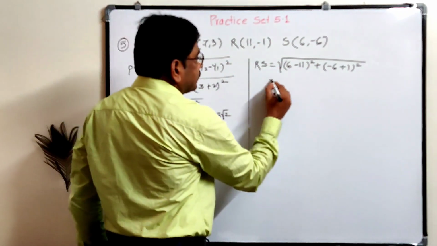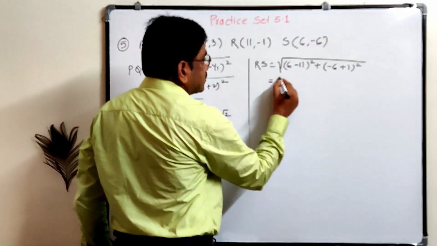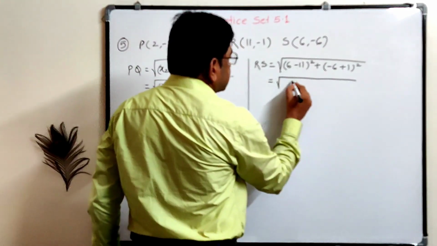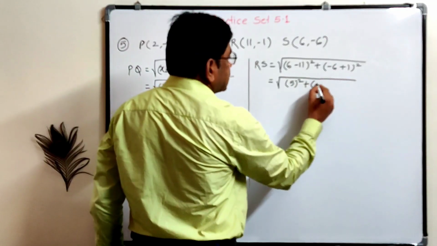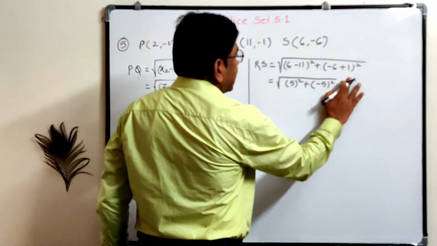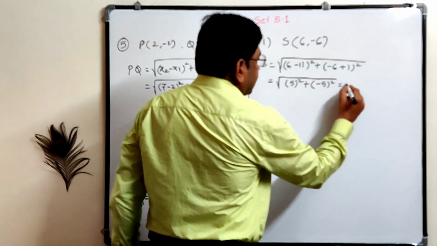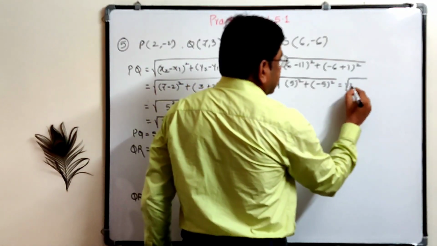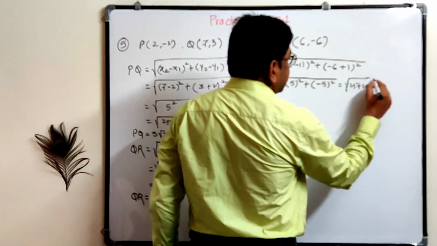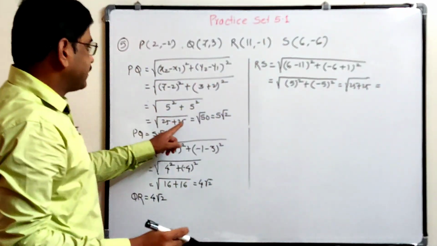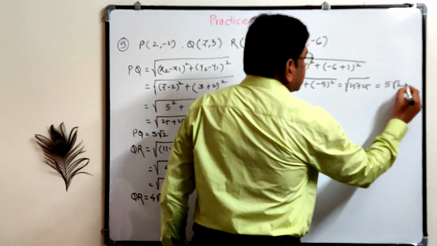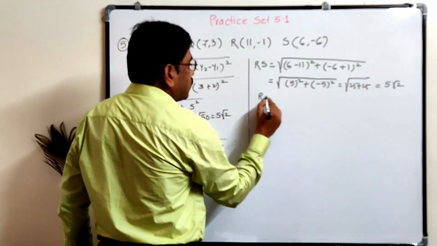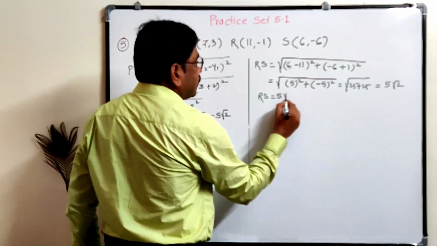So here this 6 minus 1 is 5 square and plus minus 6 plus 1 is again minus 5 square. So this is 25 plus 25. The same here, 25 plus 25 we get 5 root 2. So RS is equal to 5 root 2.